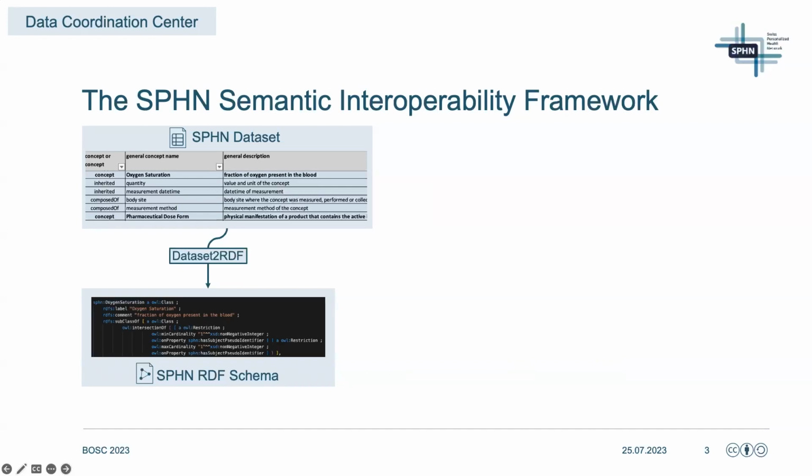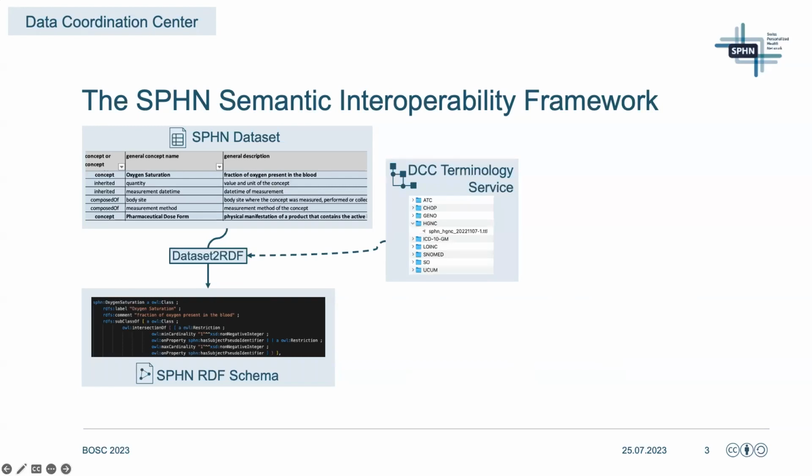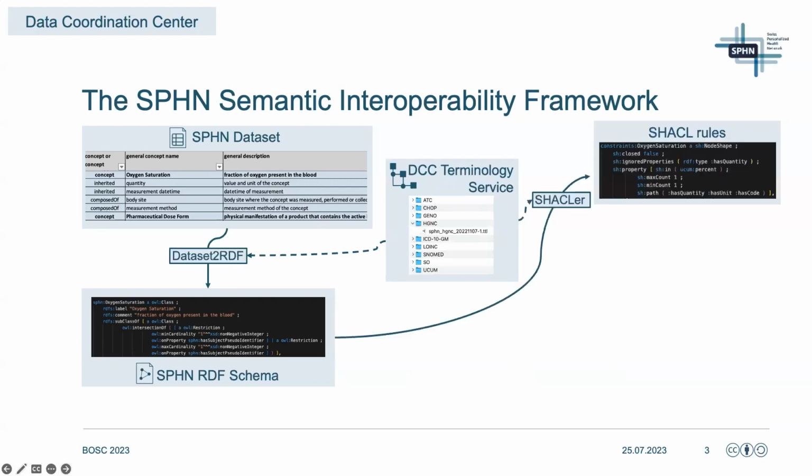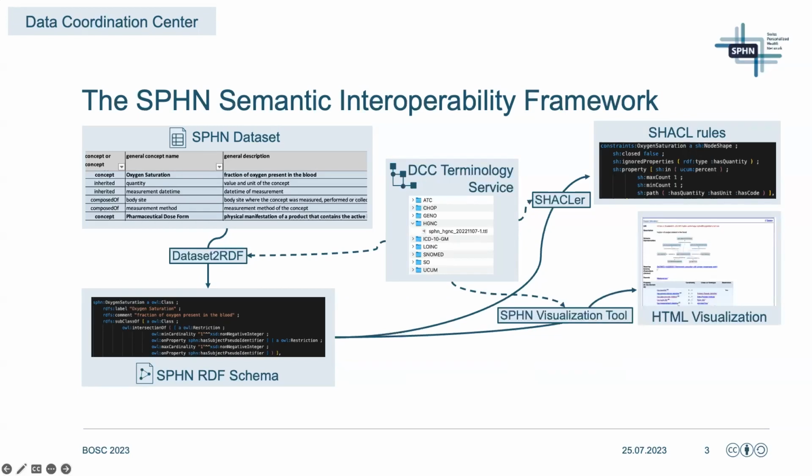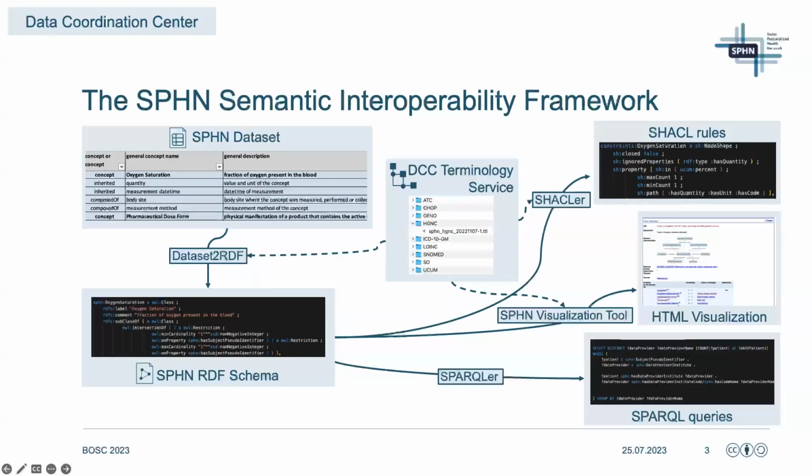In addition, the DCC has developed several tools for automating the generation of RDF files for specific terminologies used for encoding values, for instance, with the DCC terminology service, SHACL rules for validating data against the schema definitions and restrictions with the SHACLer, a human-readable documentation of the RDF schema with the SPHN visualization tool, and finally, SPARQL queries for basic statistics and data exploration possibilities with the SPARQLer.